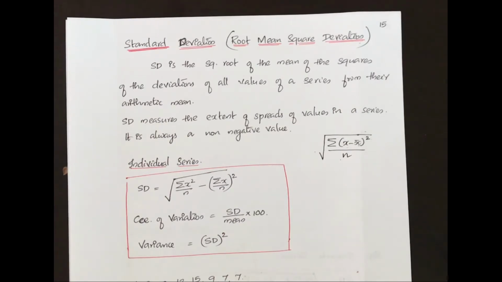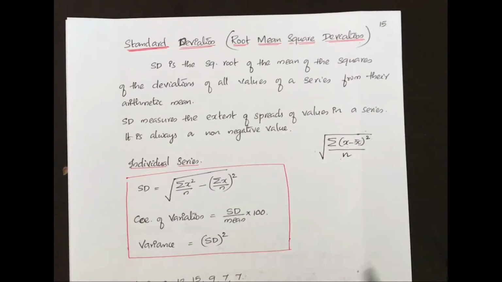It is rigidly defined and based on all observations. We take all observations of the data, and it can be used for further algebraic treatments. It possesses many mathematical properties, and it is not much affected by fluctuations.